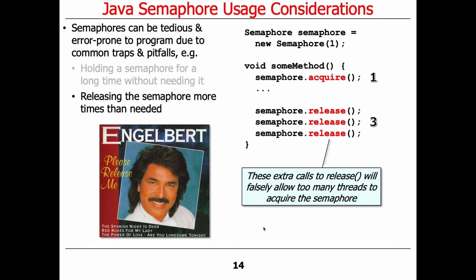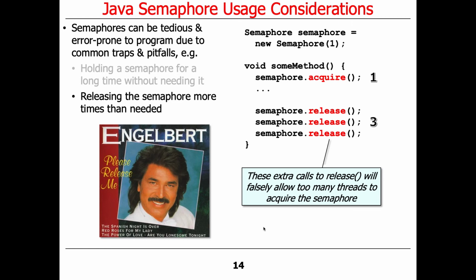Another problem is to release the semaphore more times than you ought to. And here's an example where we acquire the semaphore once, and then for some bizarre reason, pilot error, didn't get enough sleep, whatever, malicious attempt to circumvent the locking protocol in the program, the semaphore is released multiple times.